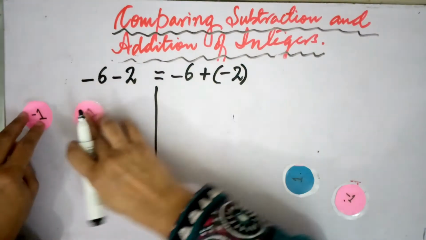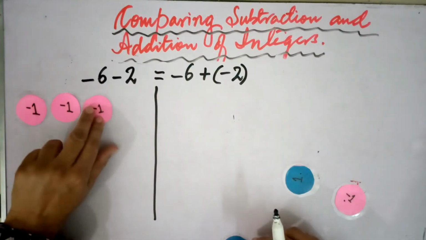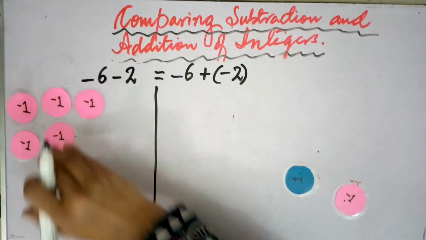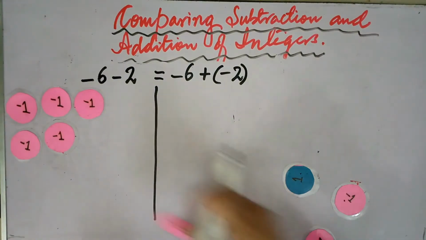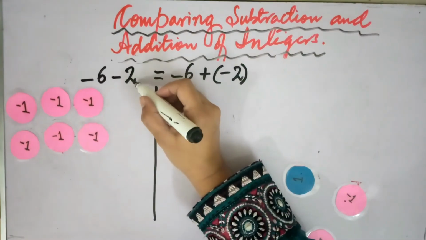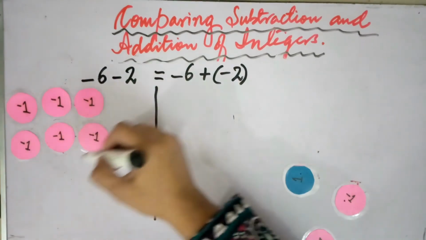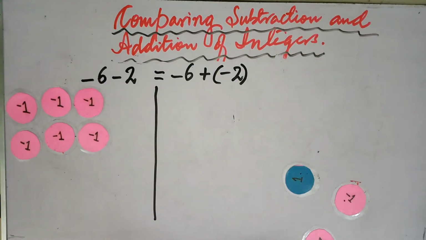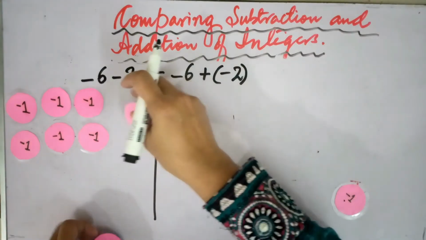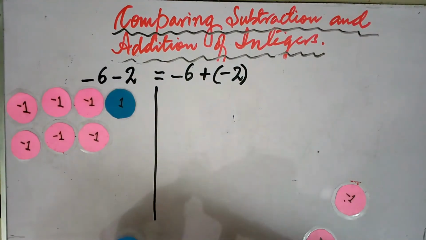I will put here negative discs like this, negative, negative, and this also. So this is negative 6, and now I am going to take away positive 2 from negative 6, but you can see that there is no positive 2, so we will introduce 2 zero pairs over there to get positive 2.